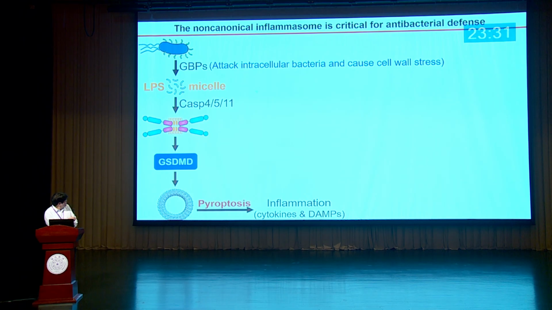And within this pathway, there is another family of proteins, the interferon gamma induced GTP binding proteins. Those GBPs will surround the intracellular bacteria, attack the cell wall and cause cell wall stress to facilitate the release of PAMPs, LPS or DNA from the bacteria. Then those PAMPs, including LPS, get recognized by caspase-4, 5 or 11.